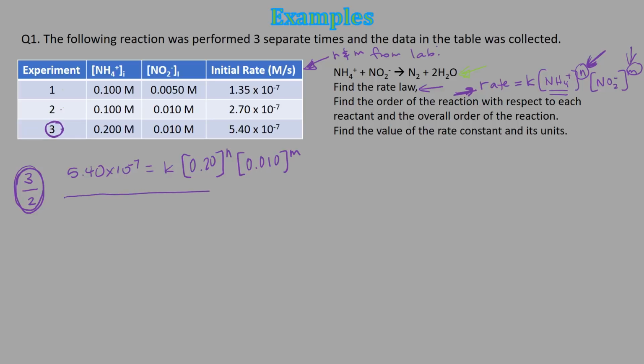And then I'm going to divide that by the second experiment. So that would be a rate equal to 2.70 times 10 to the negative 7 is equal to K times the concentration of ammonium of 0.1 raised to the N times 0.010 raised to the M. All right, and so this is a method taught in algebra, I think algebra 2, where you take two equations with two different variables to determine their values.